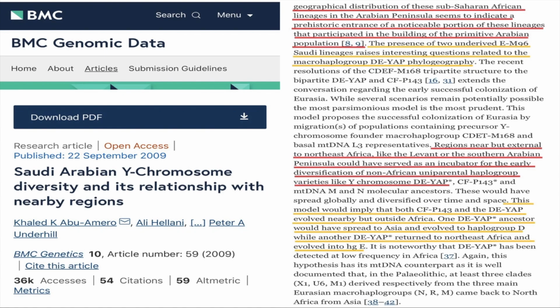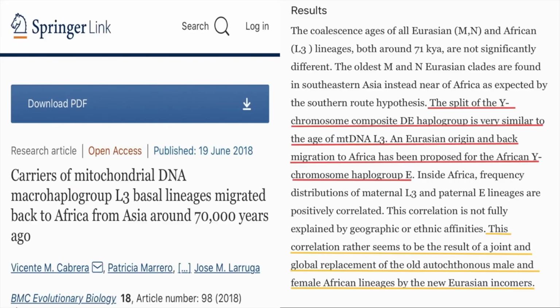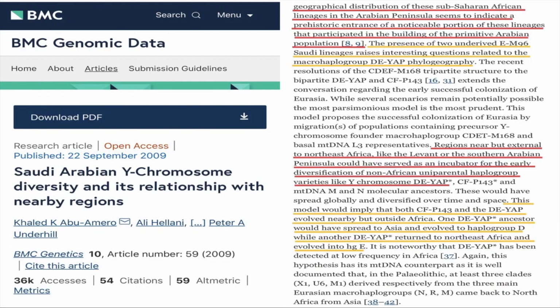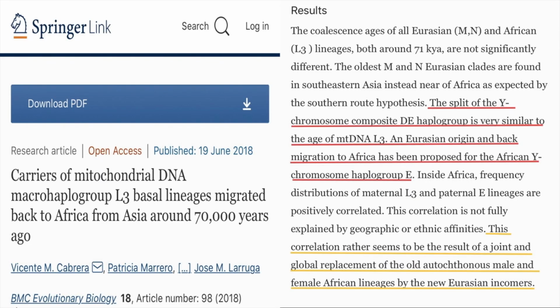One DE-YAP star ancestor would have spread to Asia and evolved to haplogroup D, while another DE-YAP star returned to Northeast Africa and evolved into haplogroup E. And by the way, this was from the study "Saudi Arabian Y chromosome diversity and its relationship with nearby regions." And here is another study that I'm going to read dealing with haplogroup E originating in Arabia.